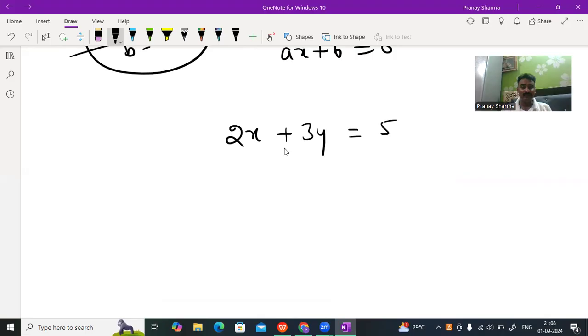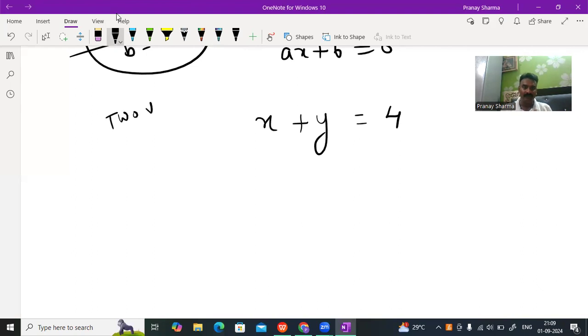Can you help me out with the possible solutions, or let us take one simple example that is very easy to follow. x plus y equals, let us say, 4. This is an equation that is being given to us. It has two variables, different variables we have.